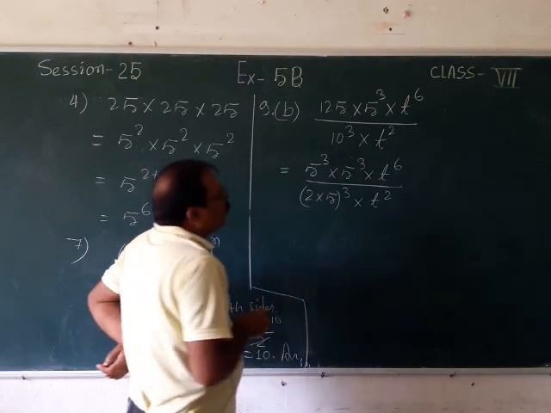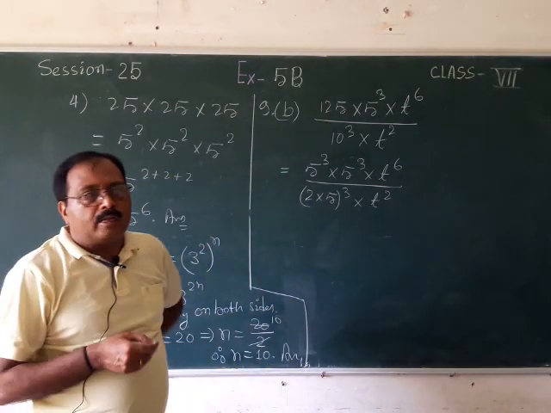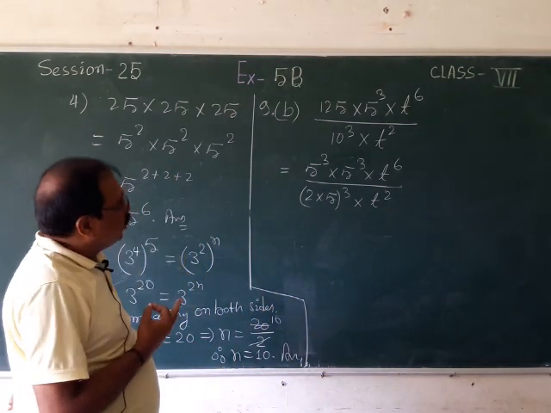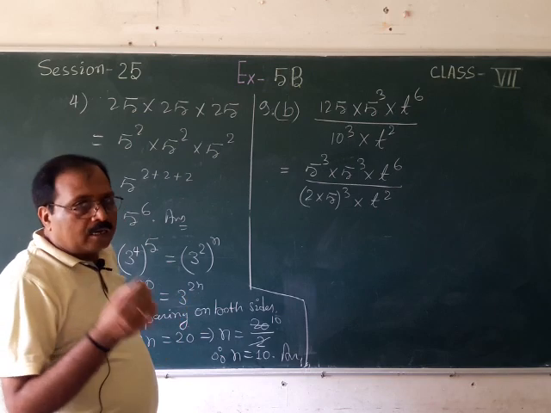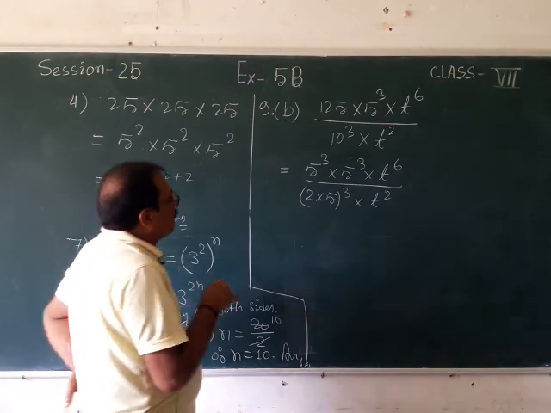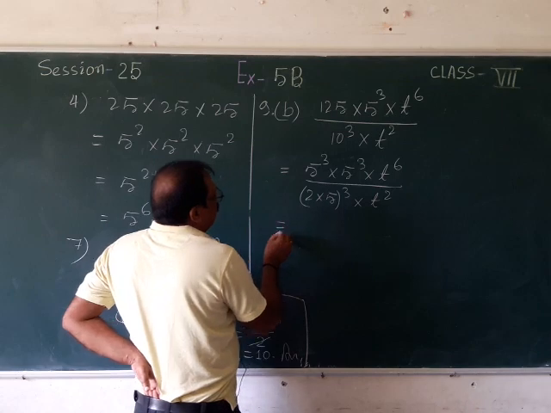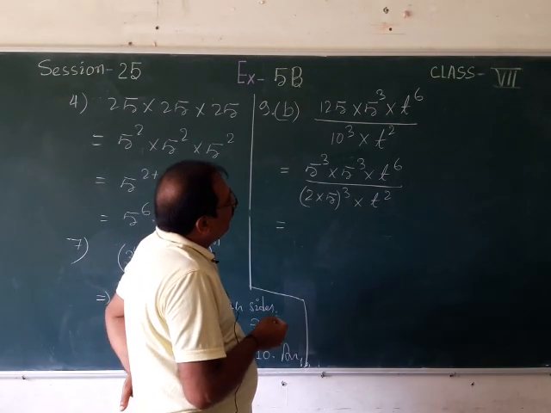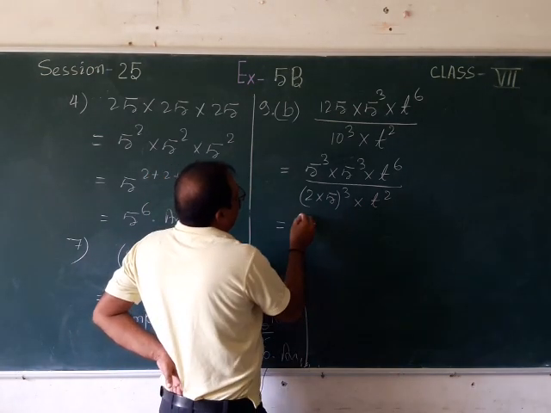First of all, you try to write all the components of this question in its least exponential form, that is change the number into its prime factors, and then you can find its power.